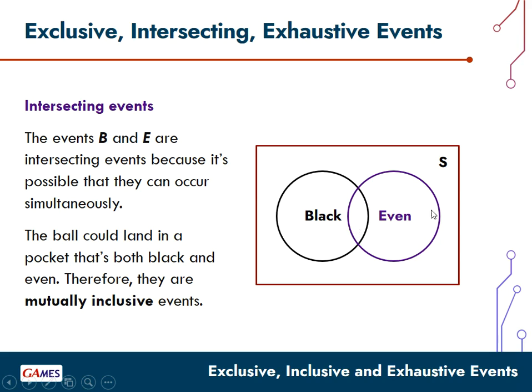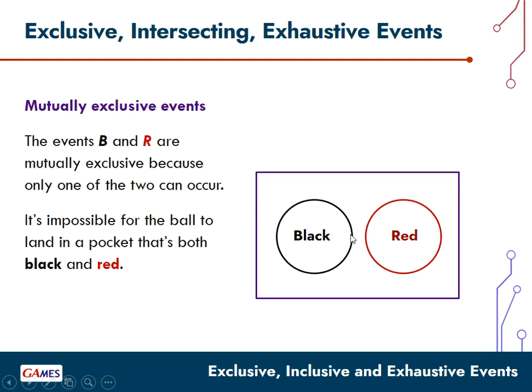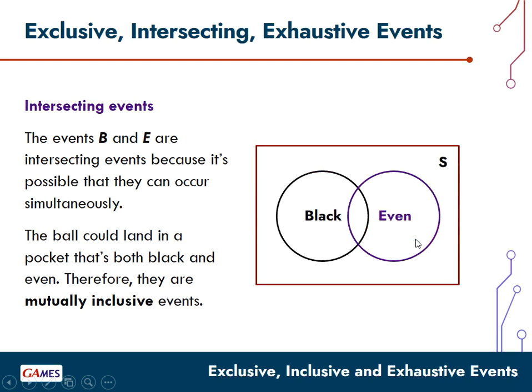Normally, if you just add black and even, that should be 18 plus 18, which is 36. But it has already included 10 additional elements. In this particular case, you see that some elements are common, so you cannot do 18 plus 18, 36.